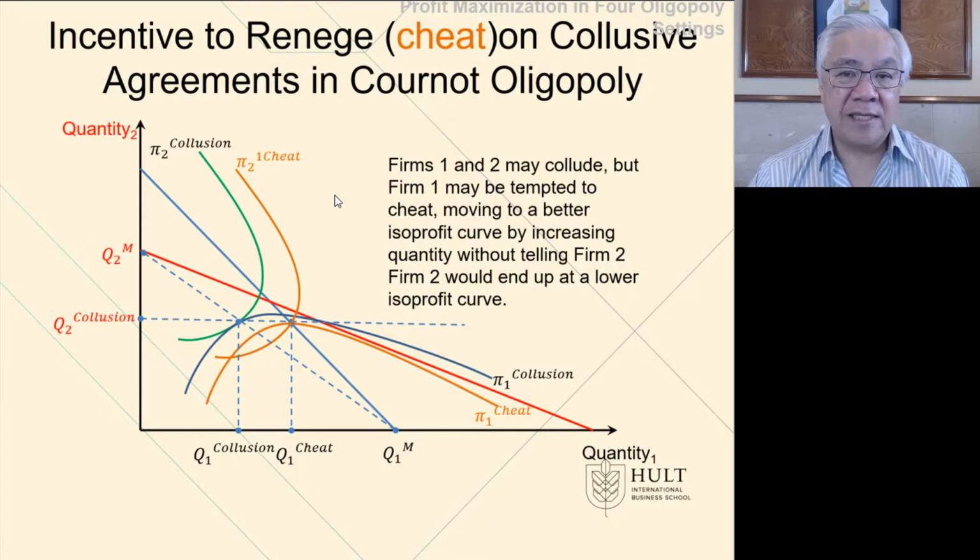In such a case, firm 2 loses out and their level of profitability will drop. These are the dynamics in oligopoly, which make it quite interesting. So here we have three conditions on this one variation: an equilibrium, a collusion, and a cheating. All of those have definite implications for the profitability of firm 1 and firm 2.